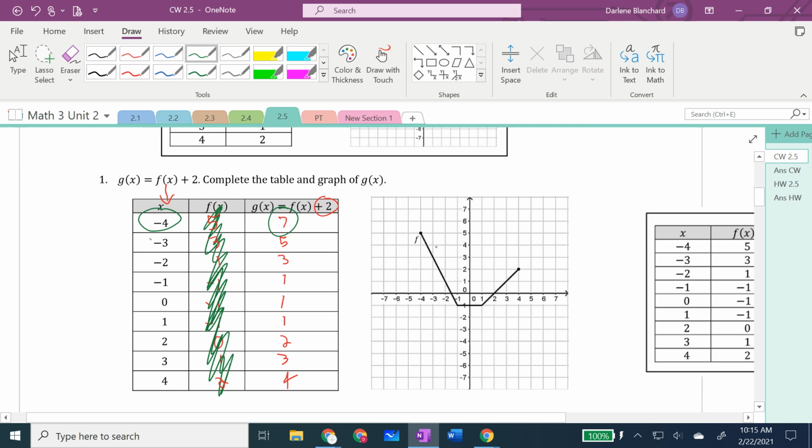So -4, 7 is this point right here. -3, 5. -2, 3. -1, 1. 0, 1. 1, 1. And then 2, 2. 3, 3, 4, 4.